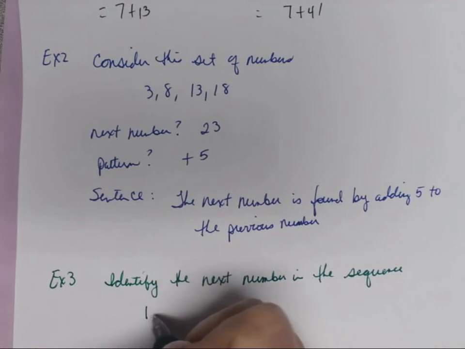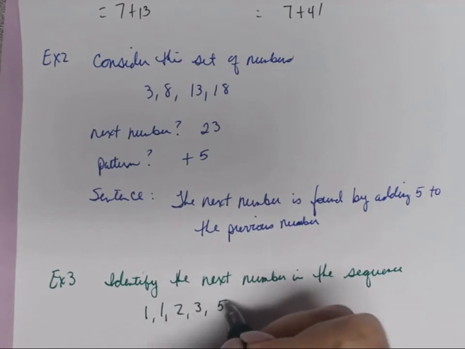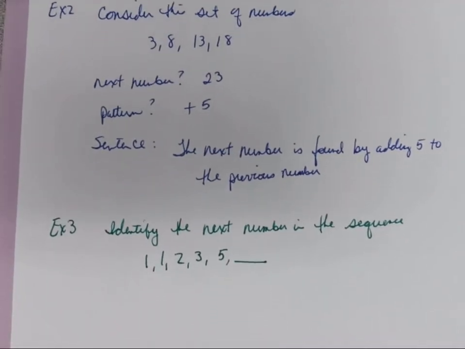So if we have 1, 1, 2, 3, 5, and we have a blank, what is the next number in the sequence?